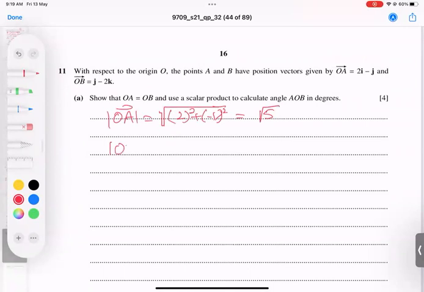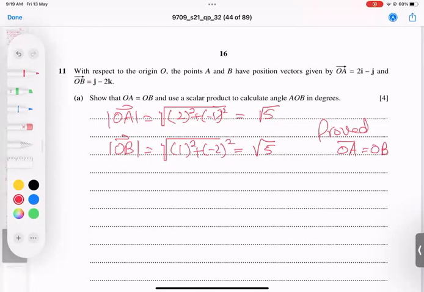Then I'm going for OB, where the J coefficient is 1 and there's a -2. Again, I'm getting √5. So you can say proved: OB and OA are equal to each other.